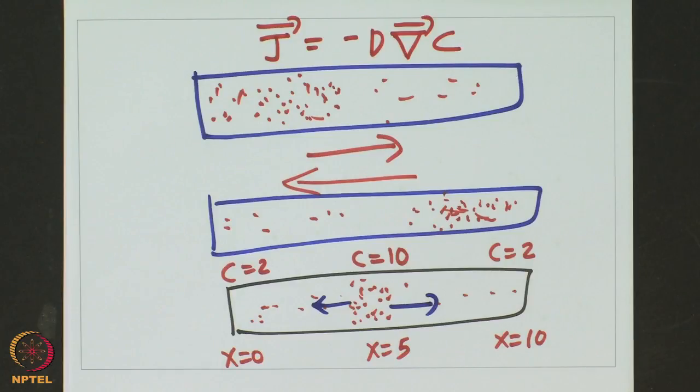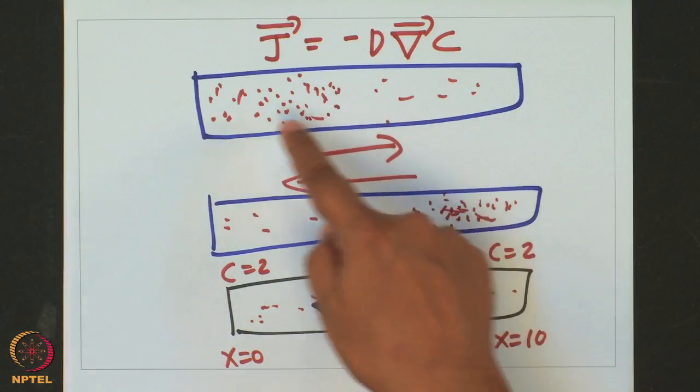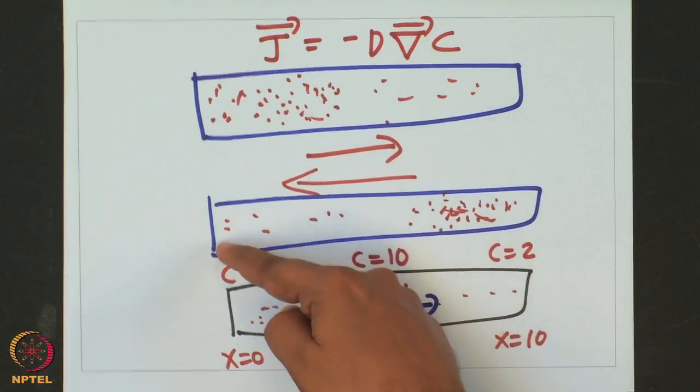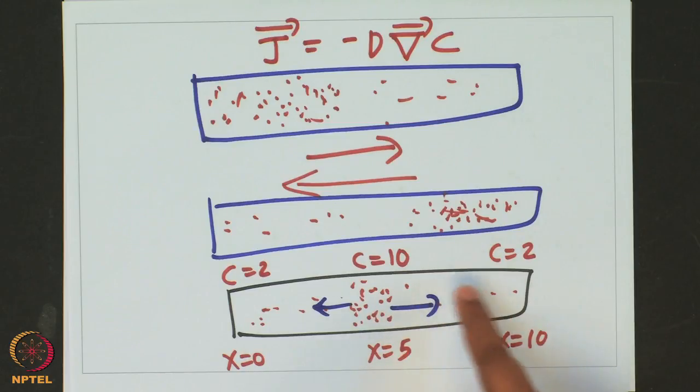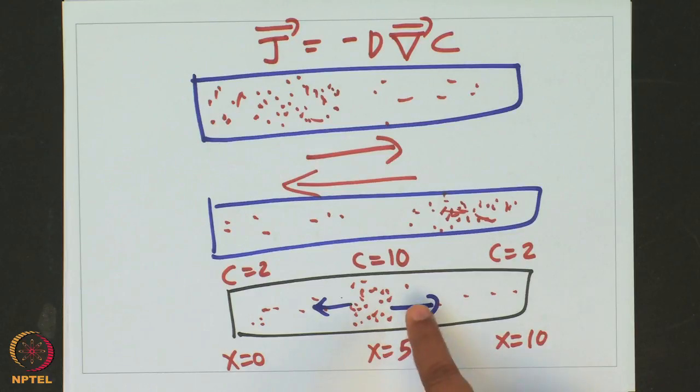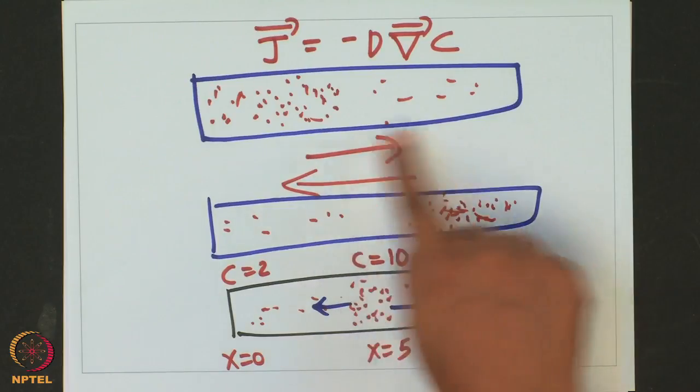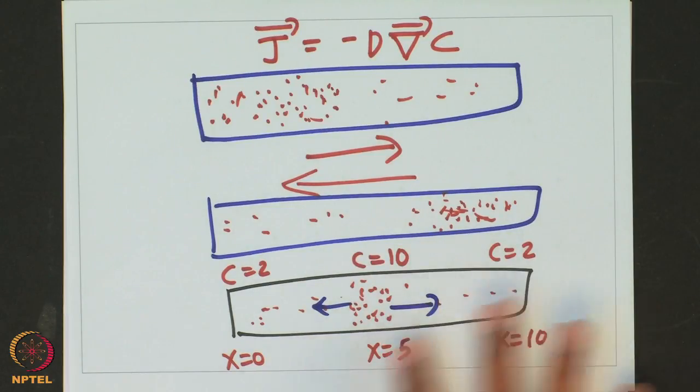This one equation should be able to describe all these three conditions, where here the flow is this way, here the flow is this way, and here the flow of proteins would be to either side. With high concentration in the middle and small concentration on the left and right, the flow should be to either side, and this should also be describable by this equation. So, let us take this situation first. Once we understand this, all other situations will be trivial.